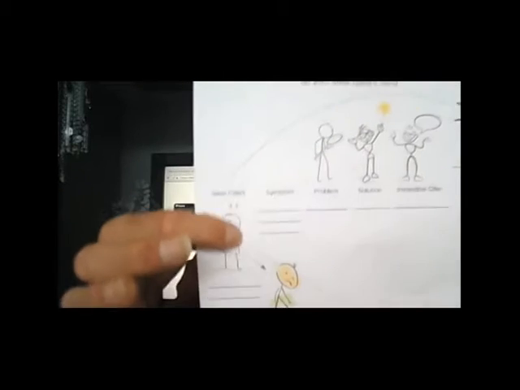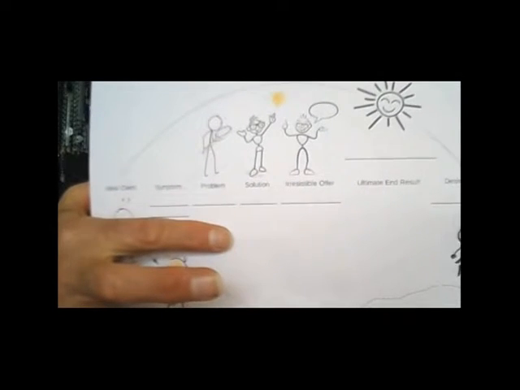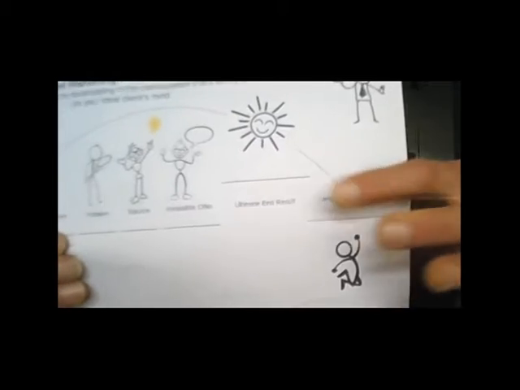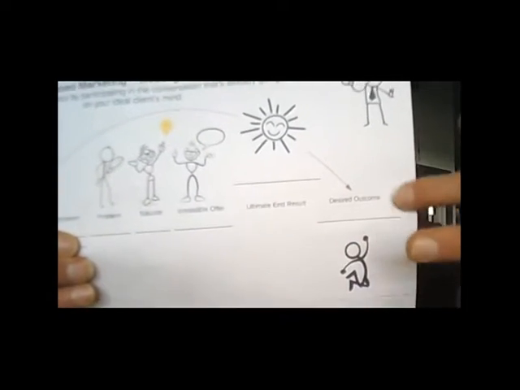Throughout the program, we're going to take this overview worksheet. You're going to write your ideal clients, who he or she calls himself here. You're going to write your symptoms and your problems. Then you're going to write your ultimate end result you give and the desired outcome they want. And you're going to fill in all these things.